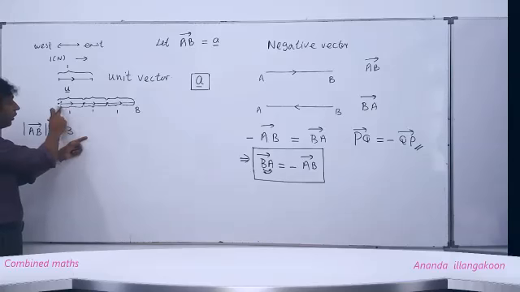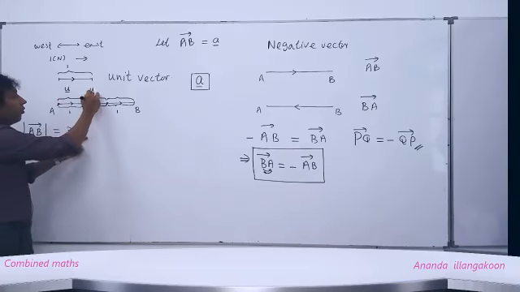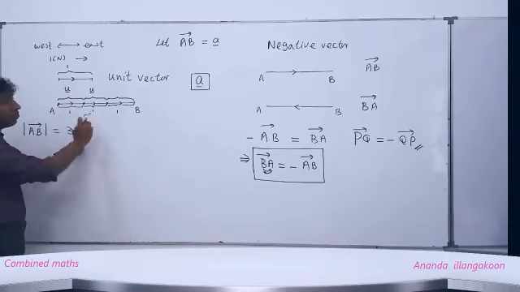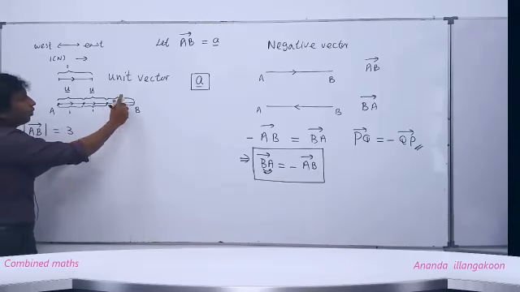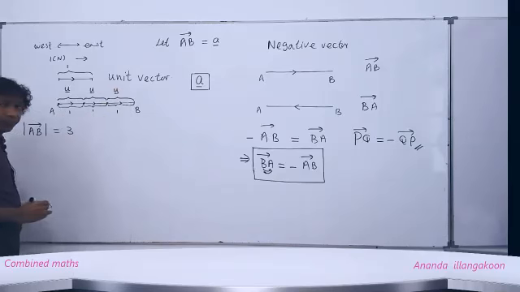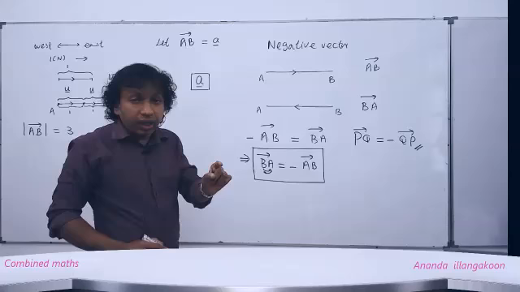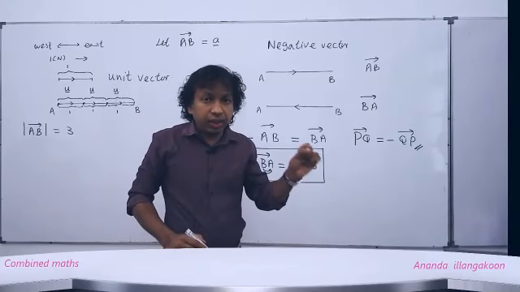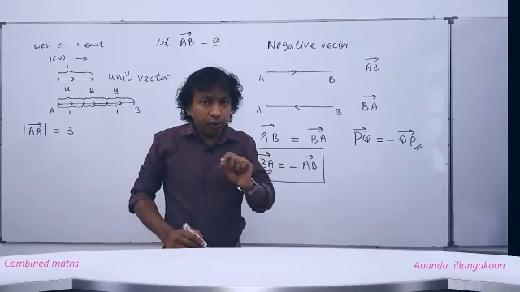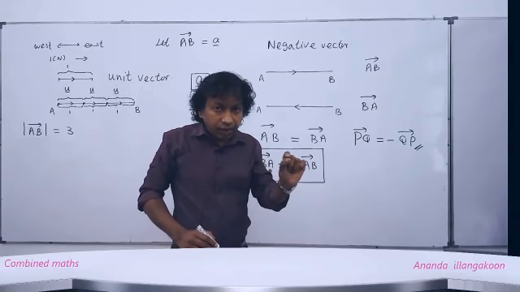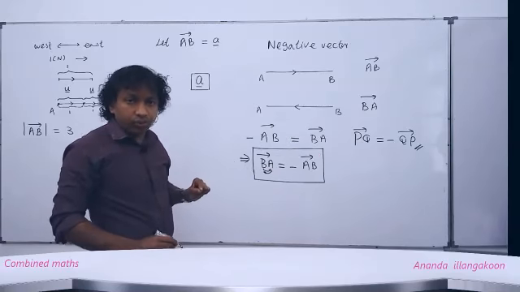So if we take this as unit vector U, this should also be the same unit vector U. Similarly, this one should be U. Then what is this U? The unit vector along the direction of vector AB. Understand? Along the direction of the vector AB, the unit vector is U.